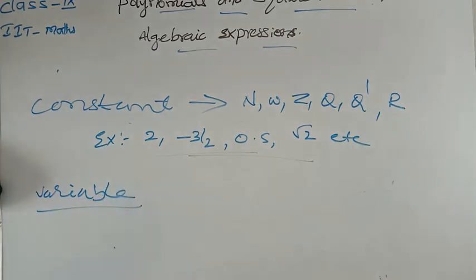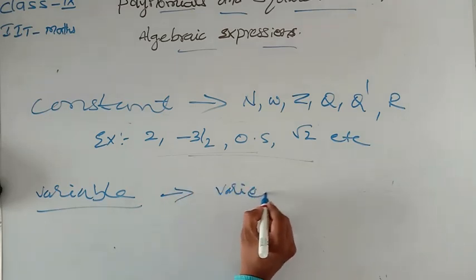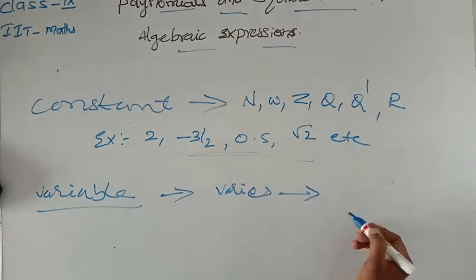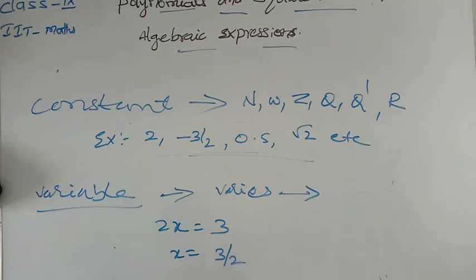A number which varies from time to time is called a variable. I am taking one example, 2x equal to 3. So by simplification I am going to get x equal to 3 by 2. And one more example I am taking, 2x equal to 4. Then by simplification I am going to get x equal to 2.